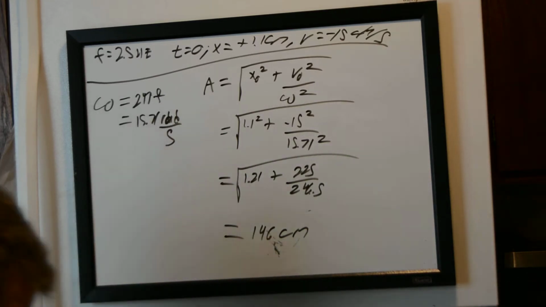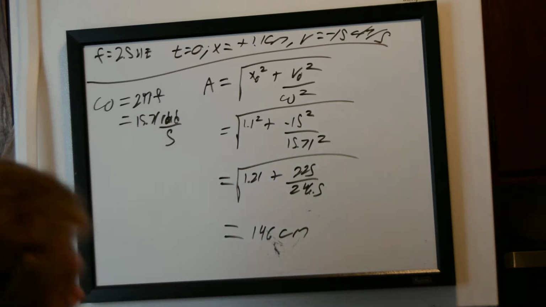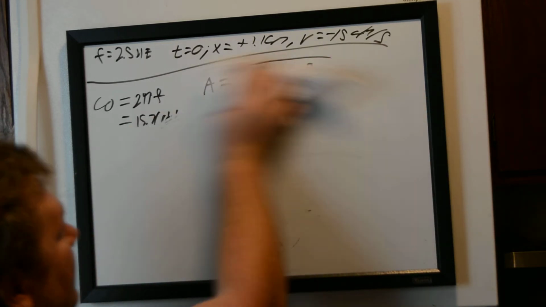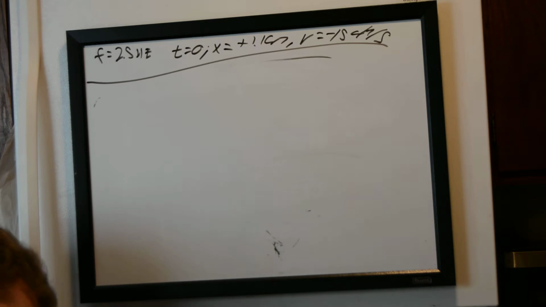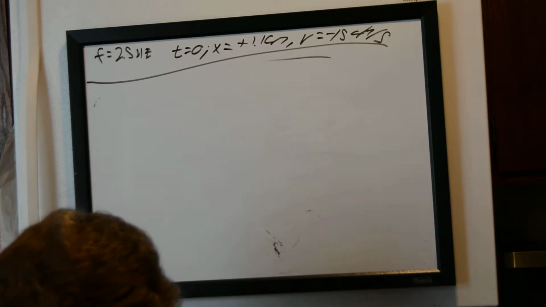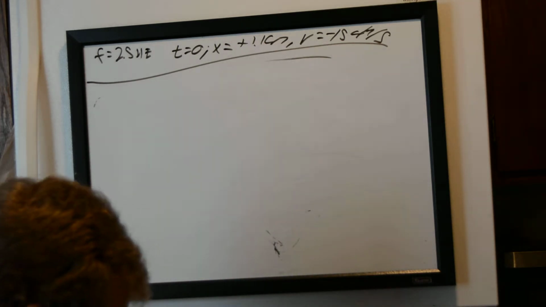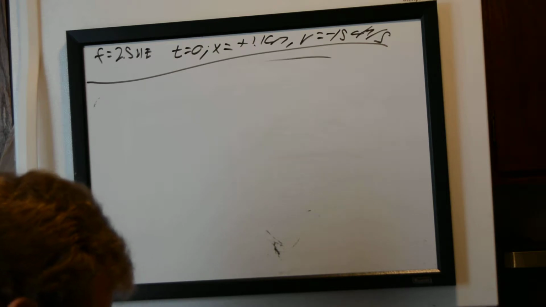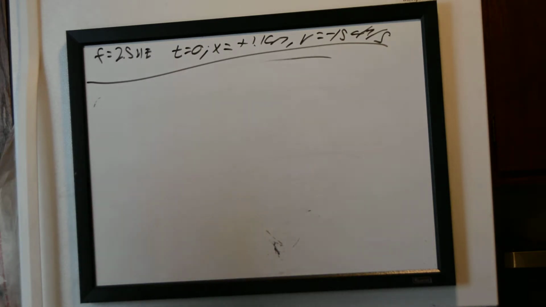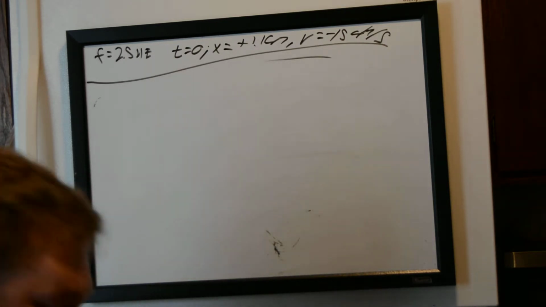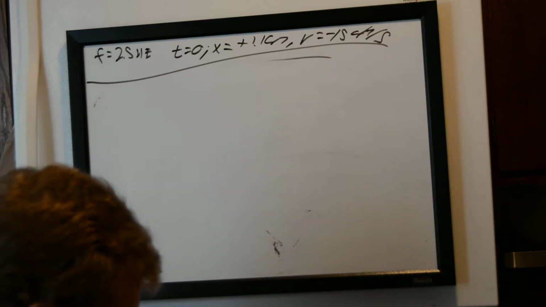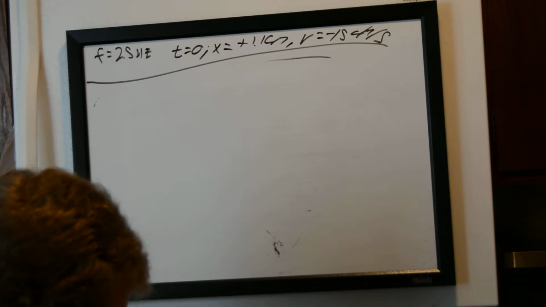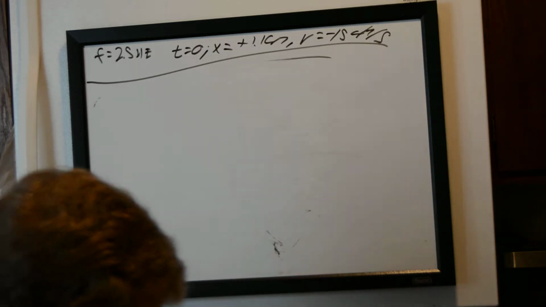So then, part B asks us to write equations for the position, velocity, and acceleration. So we're not asked to actually solve anything. We're just asked to set it up so that we can find it at any given time.